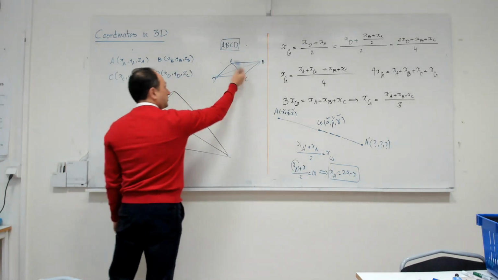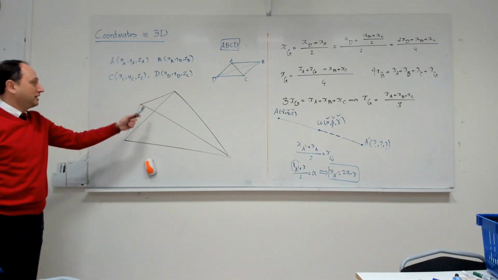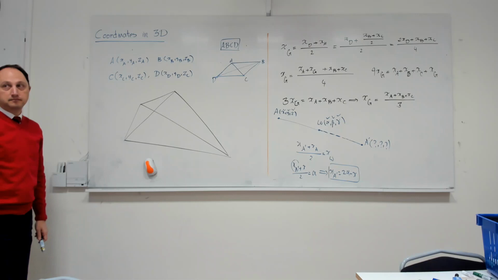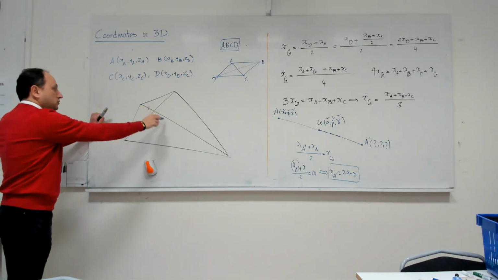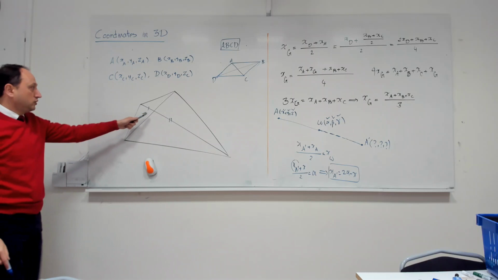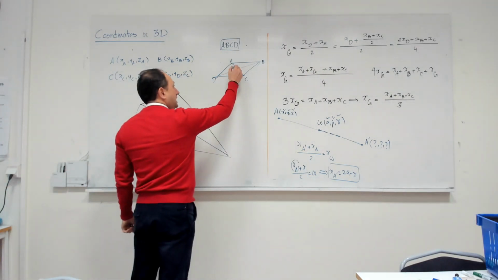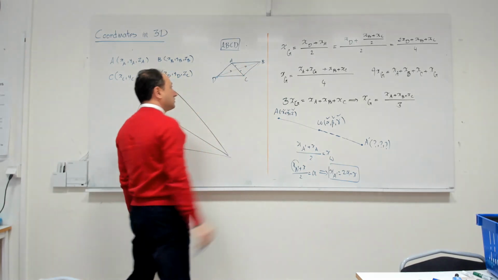But what is different there and here? So you see here, this one and that one, if you compare them, they are not the same. So this point here, this and that are the same. They intersect.